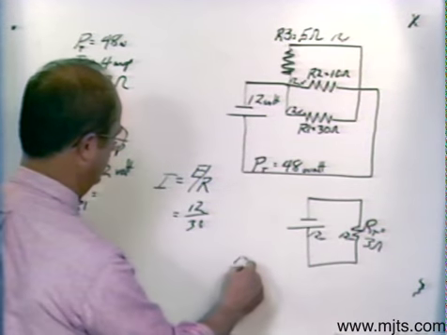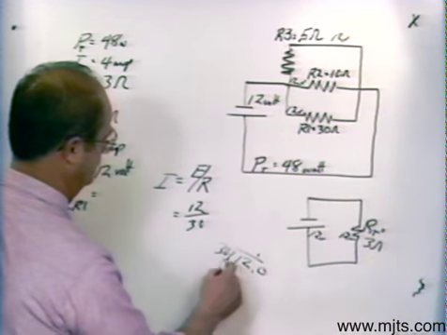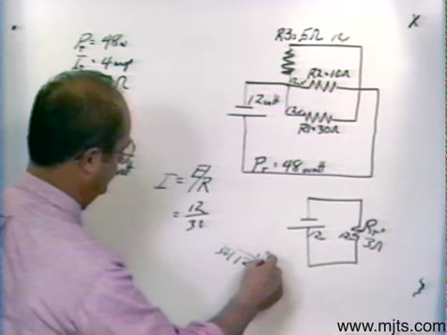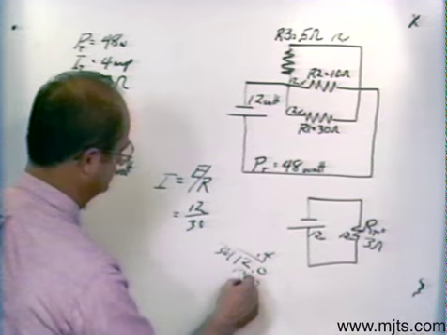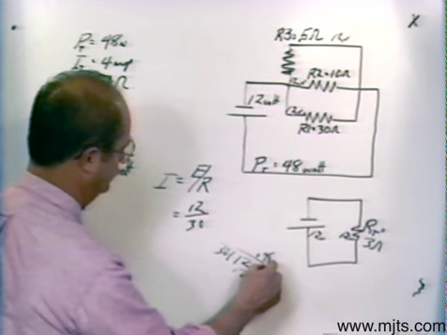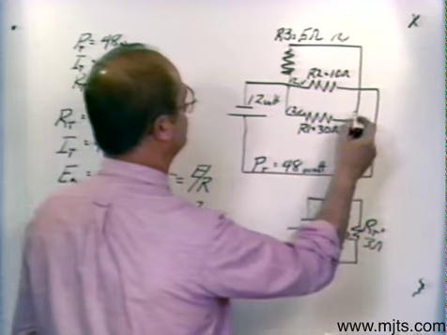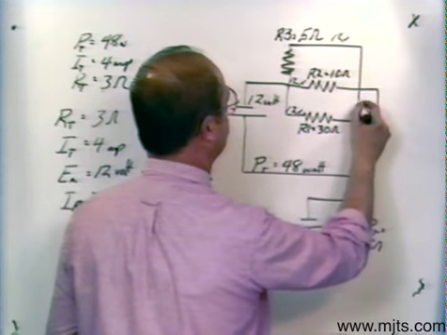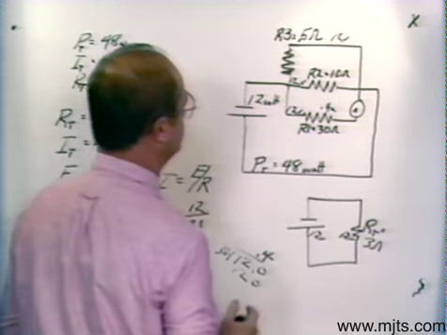We're going to take 12 and divide 30 into that, and we're going to have 0.4 amps through this resistor right here. If I put an ammeter in here, I would have 0.4 amps.